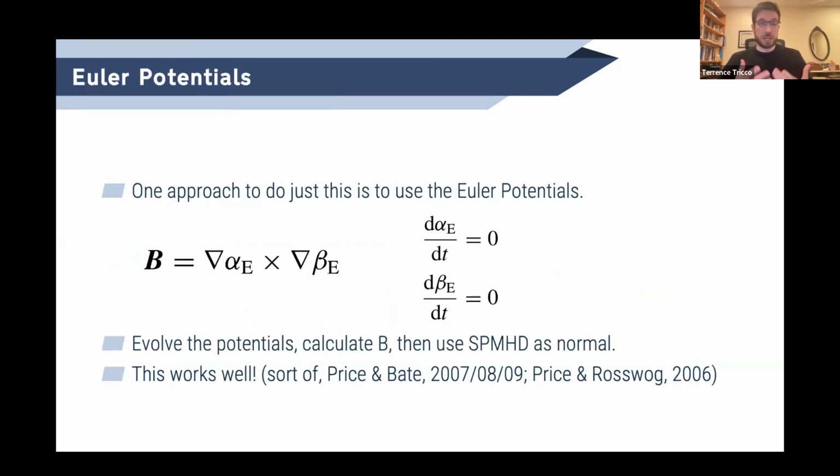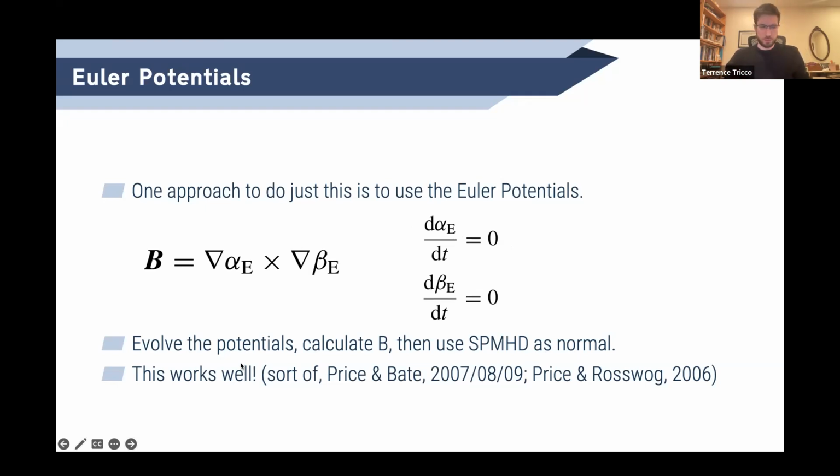One approach to do exactly this is to use the Euler potentials. You can define these scalar potentials alpha and beta, and you take the gradients of those, take the cross product of them to reconstruct a magnetic field. You evolve the potentials, which, in terms of SPMHD, are just passively advected. Recalculate B based on the new configuration of alpha and beta, and then you just use SPMHD as normal.